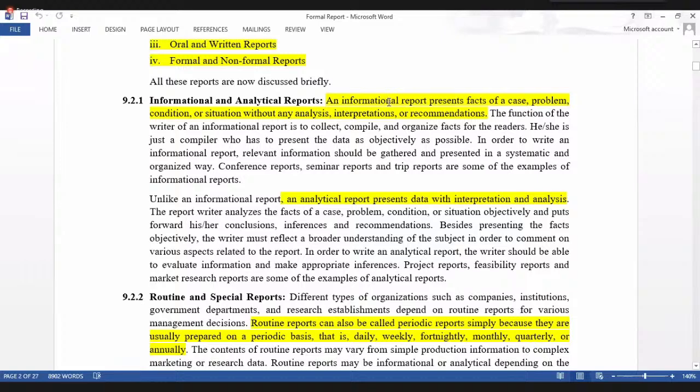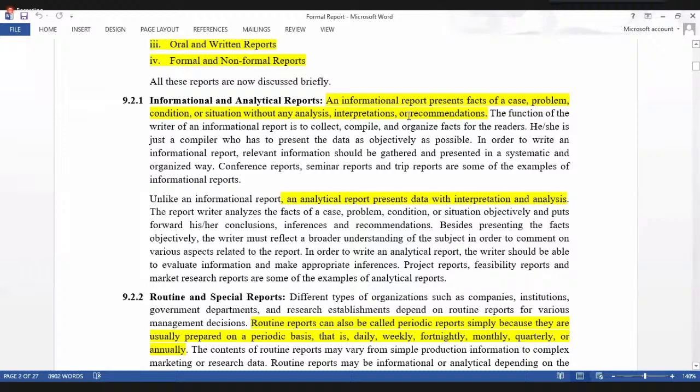An informational report presents facts, only facts. It means no analysis of the facts. Facts of a case, problem, condition, situation, without any analysis, without any interpretation, without any recommendation.